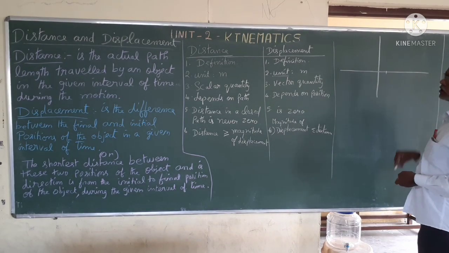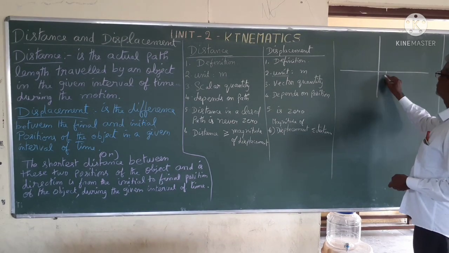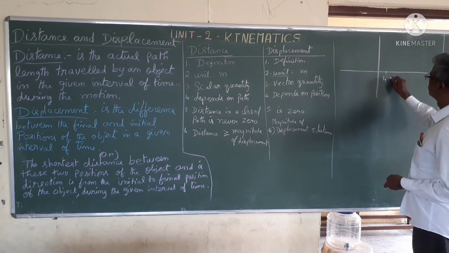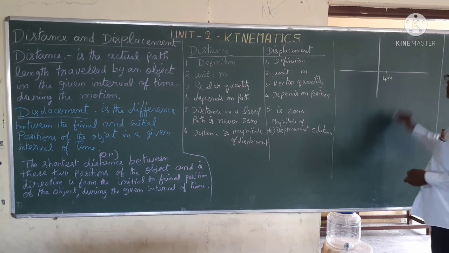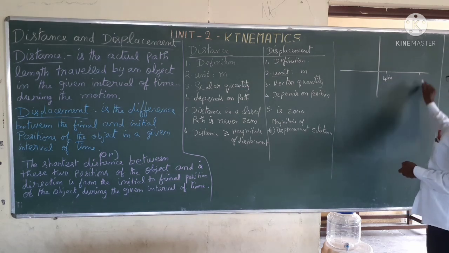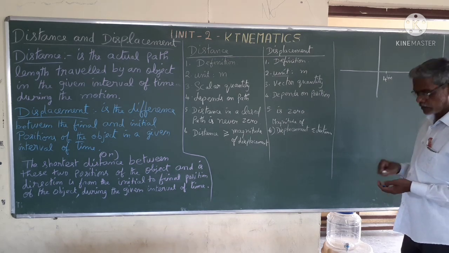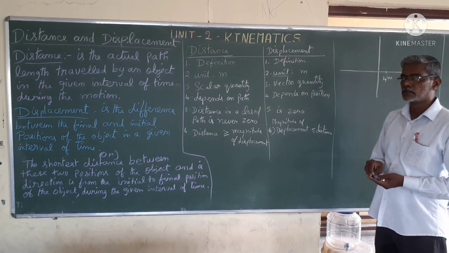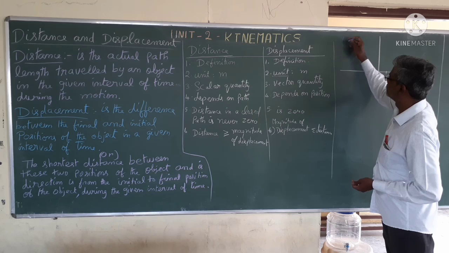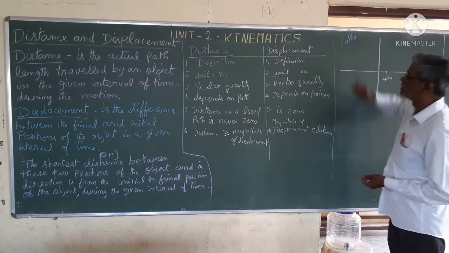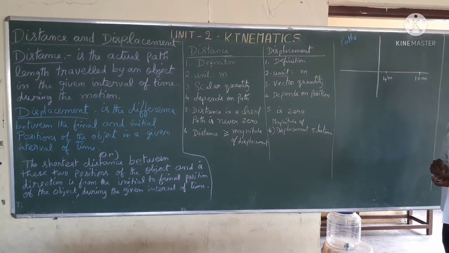Now this is the starting position and it is at 4 meters. This one is the ending point and it is at 10 meters. There are three paths to reach this point.